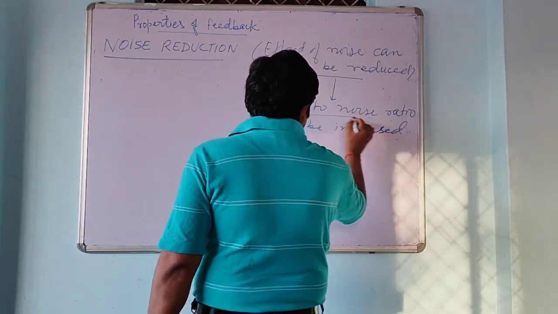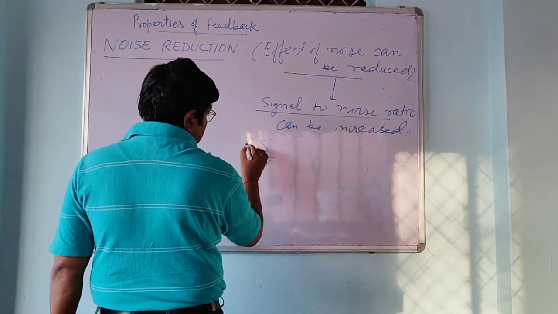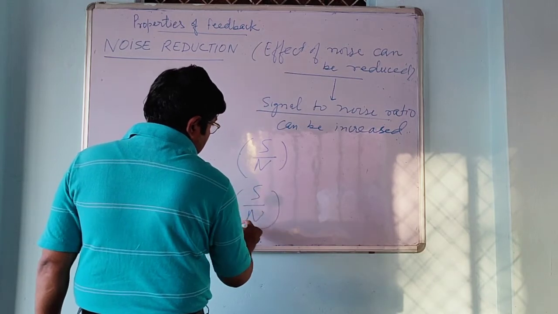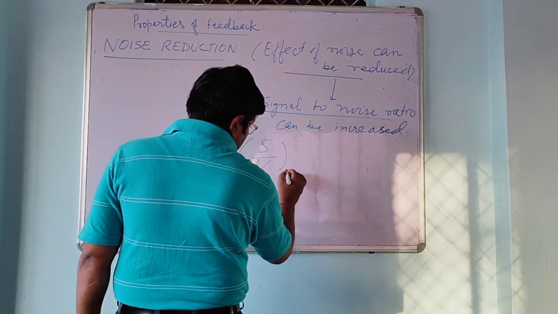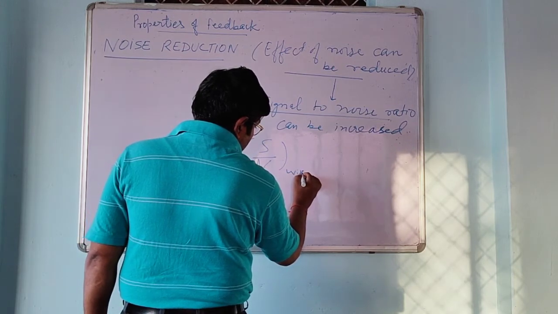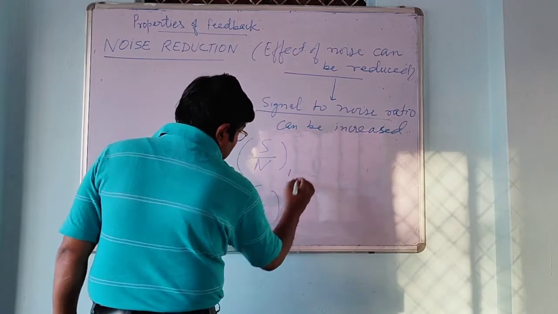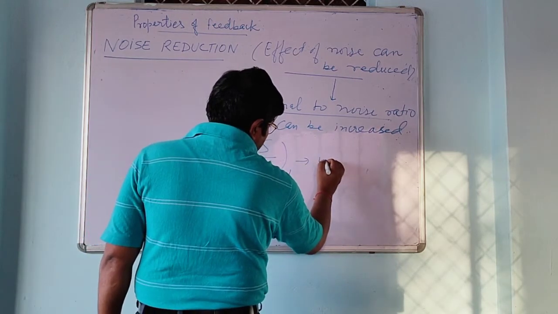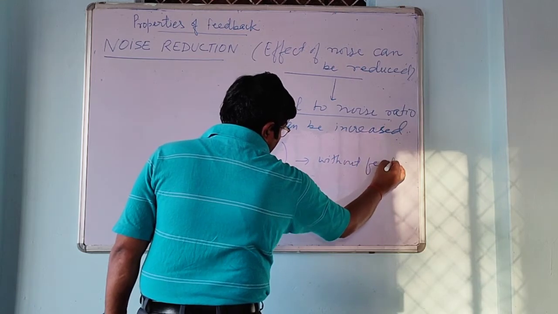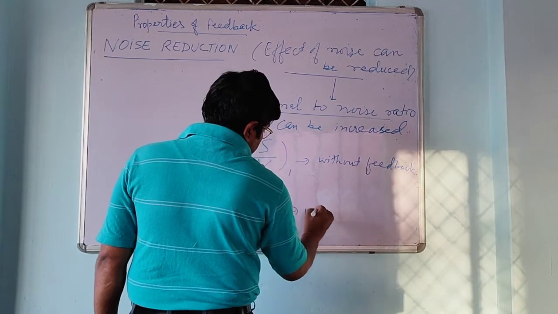So signal to noise ratio, suppose this is represented as a column, so this is without feedback. Suppose you are using 1 and 2, this is without feedback, and this is with feedback.